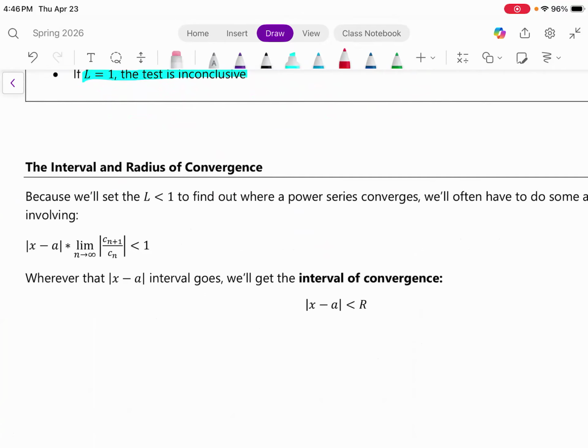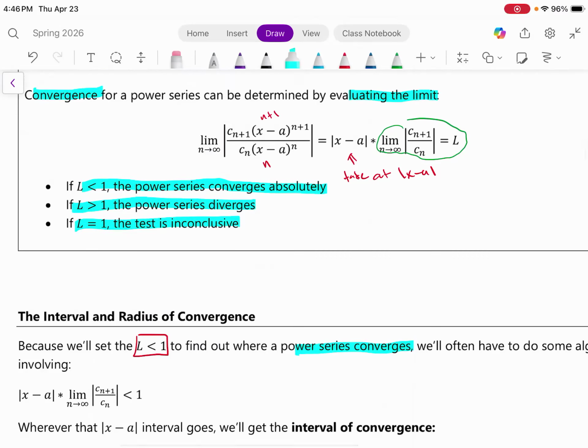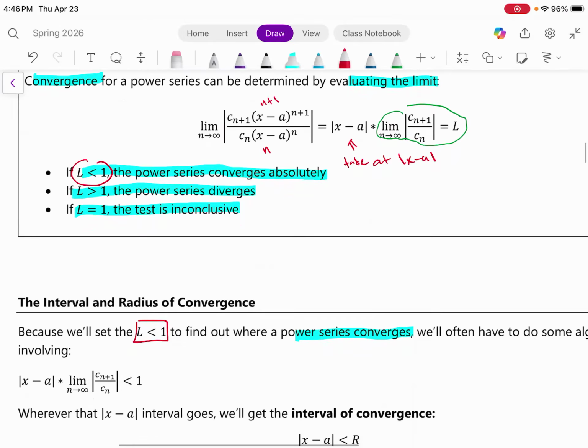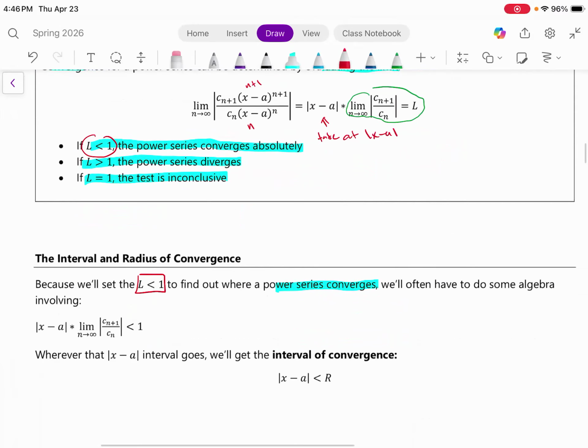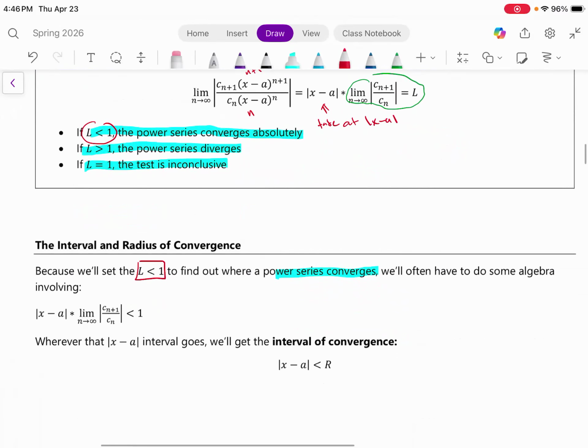So when we find the limit, we set it less than 1, because we're trying to find out where a power series converges. We know we converge for the limit less than 1, so we set it less than 1 and try to see what x values give us that convergence.